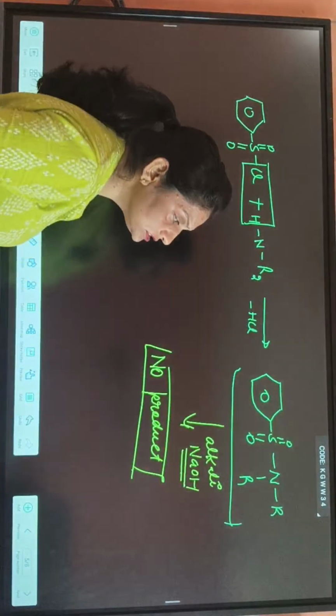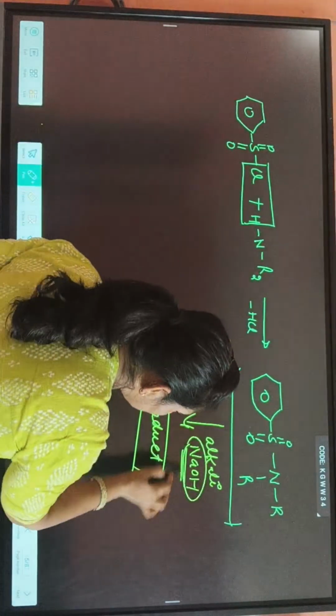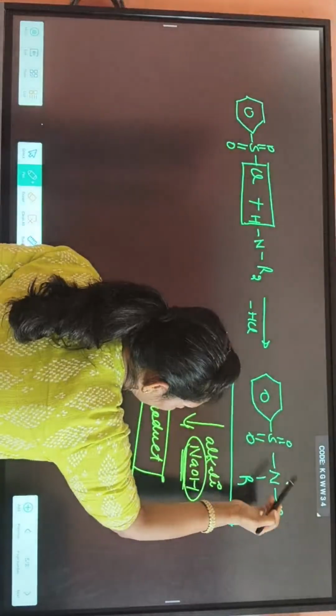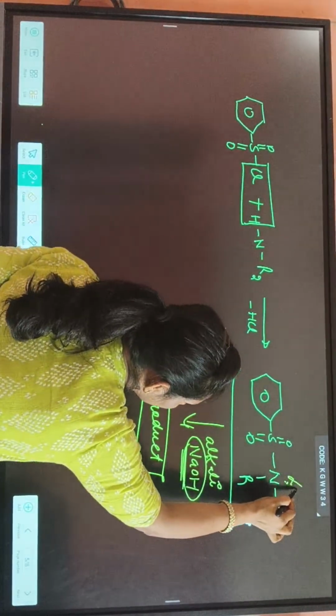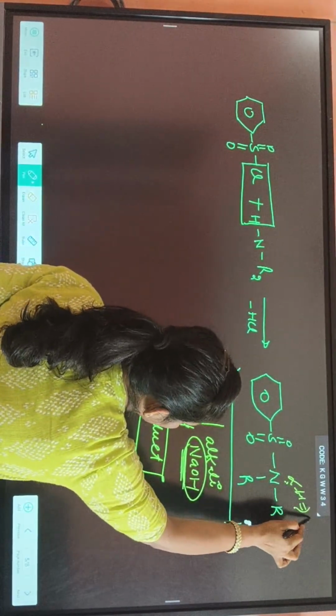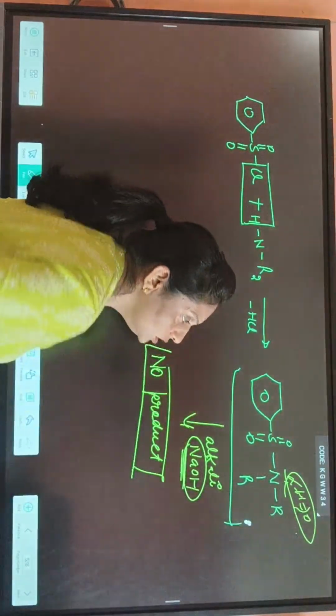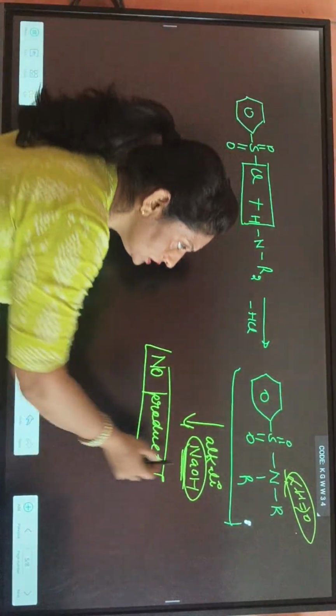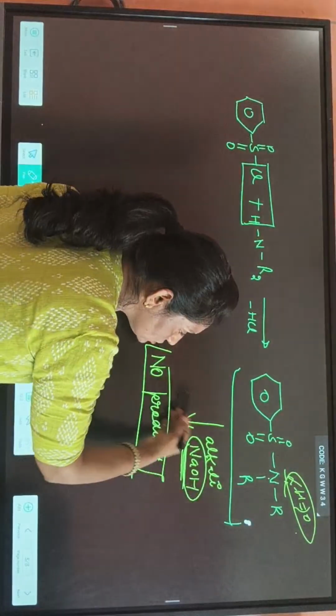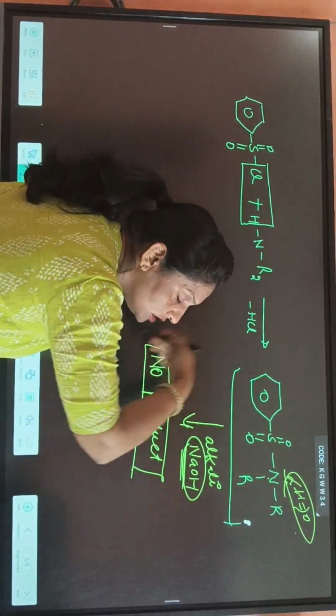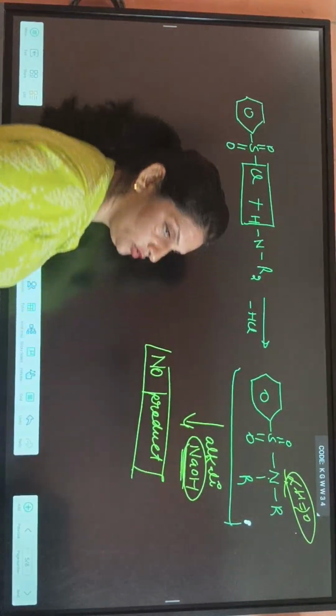Why? Because it is not dissolving in alkali due to the absence of alpha hydrogen. Here alpha hydrogens are zero. No alpha hydrogens on this nitrogen. So that's why it is not reacting further. It is not dissolving further in NaOH.